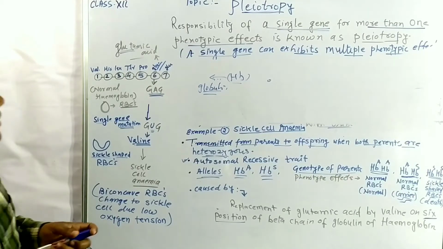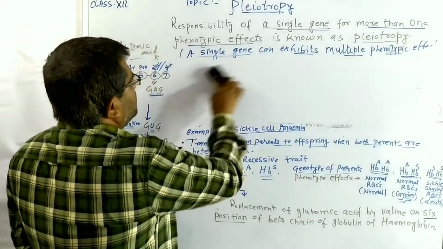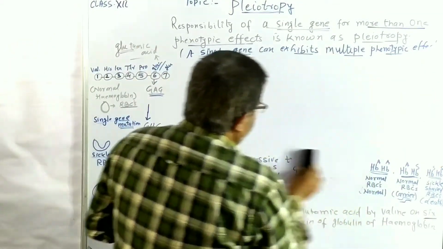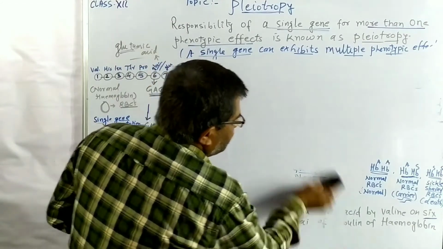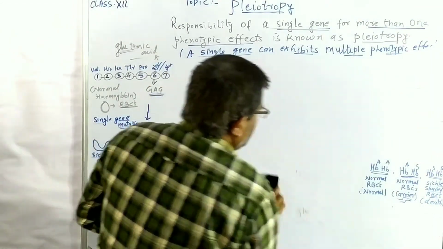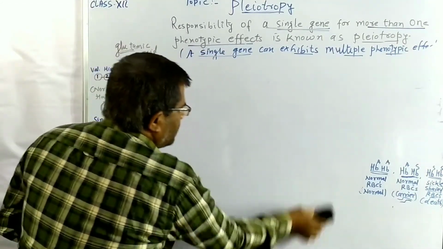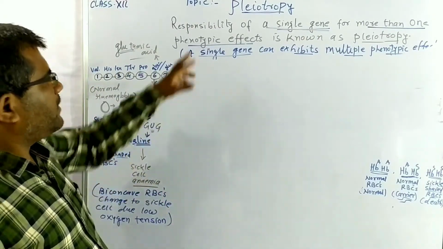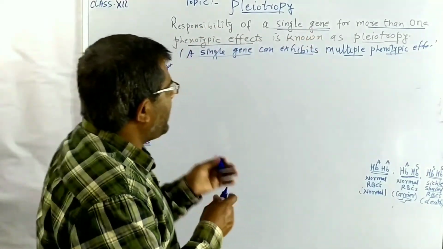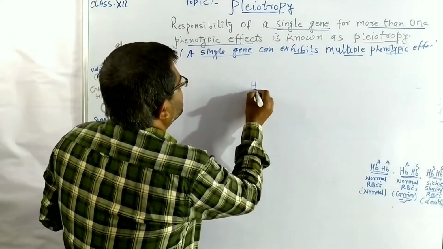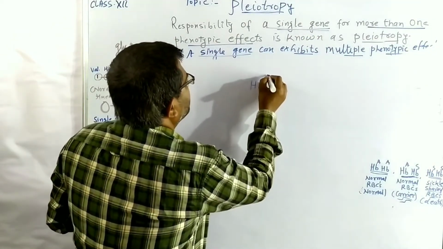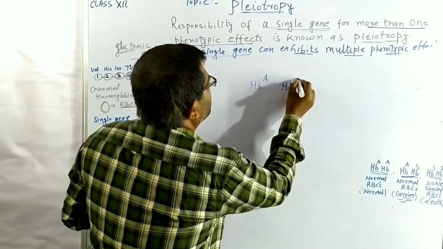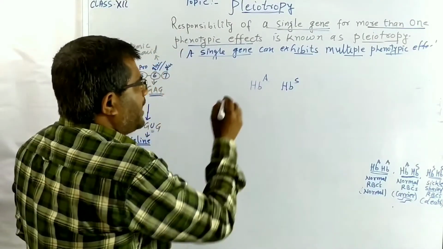Now we should understand how this sickle cell anemia shows many phenotypic effects. How does this single gene show many phenotypic effects? I am having a heterozygous condition, HbA HbS.